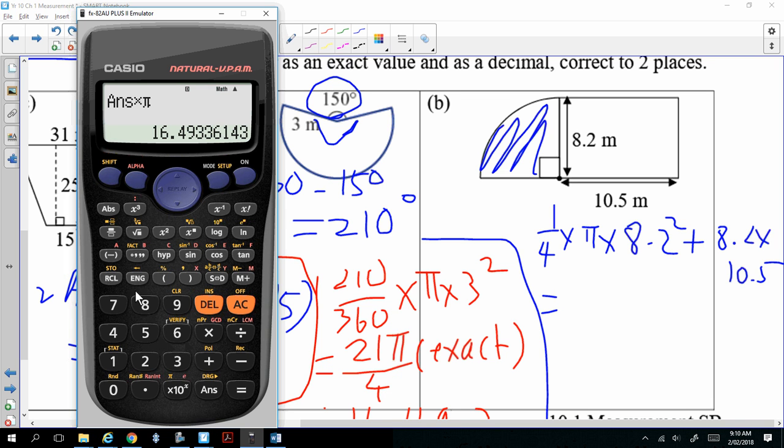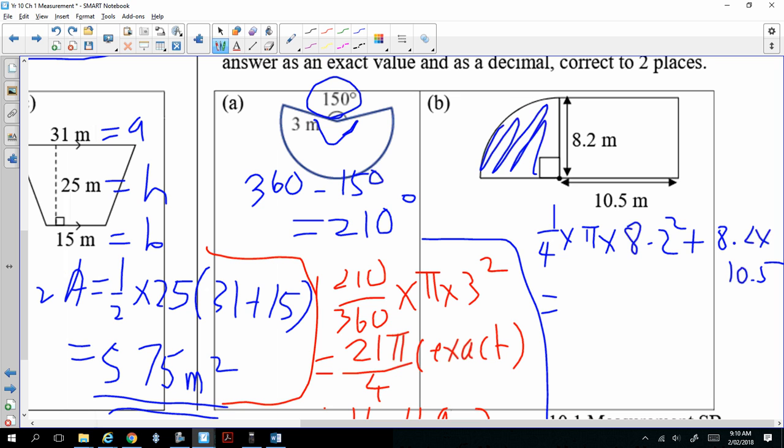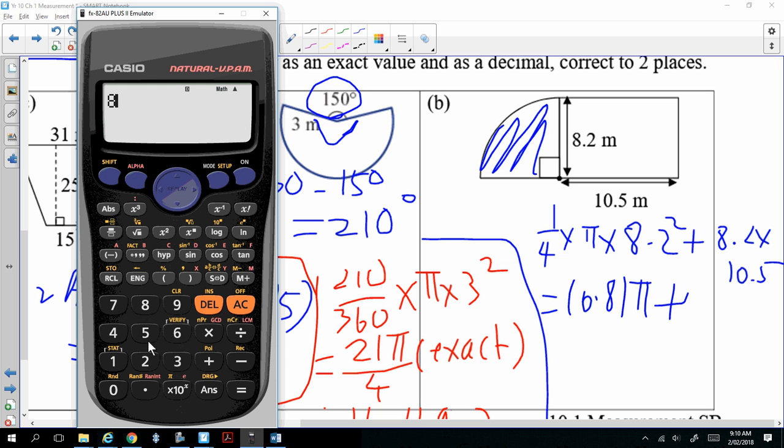Okay, 16.81 pi plus 8.2 times by 10.5, 86.1. Yep, that's the exact value.